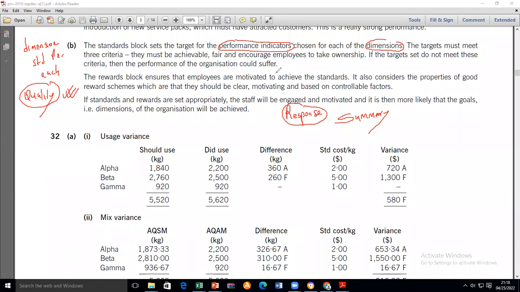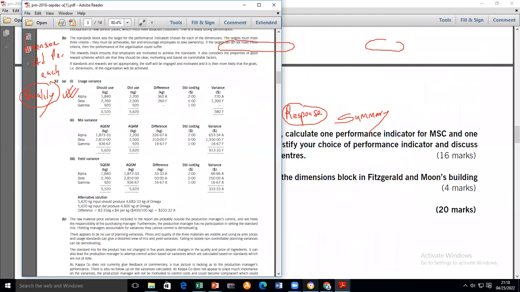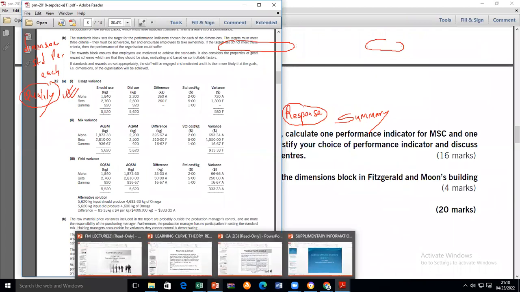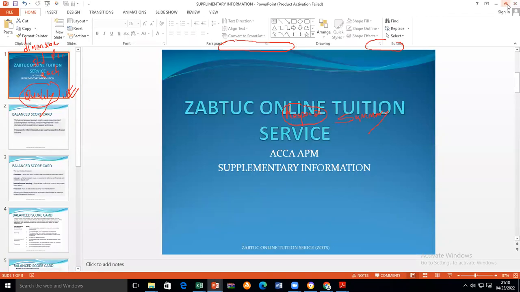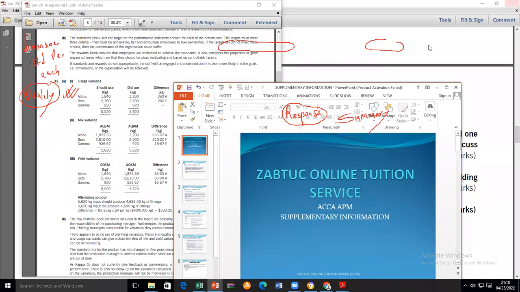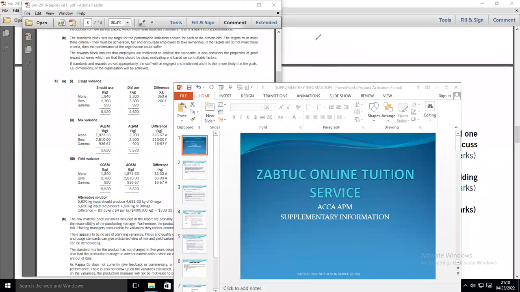What are some of these performance indicators for each one of the dimensions? Let's do this. Let's share it here.